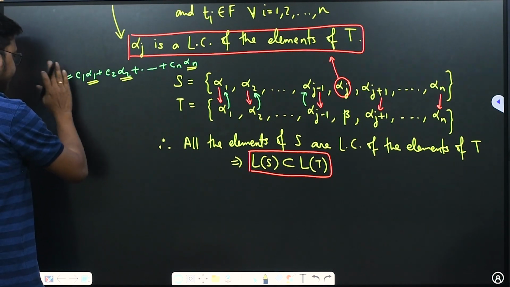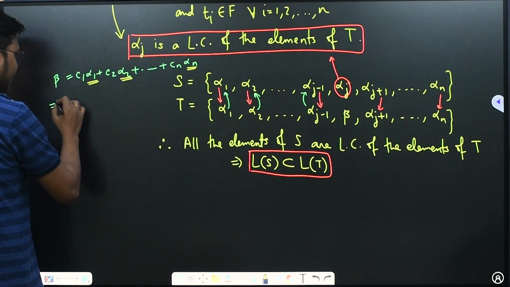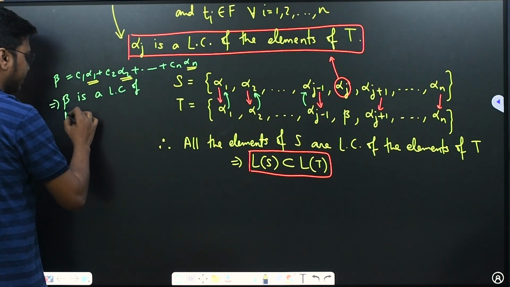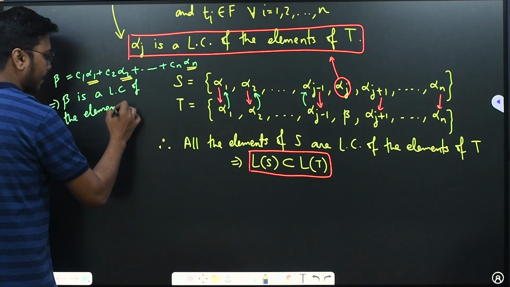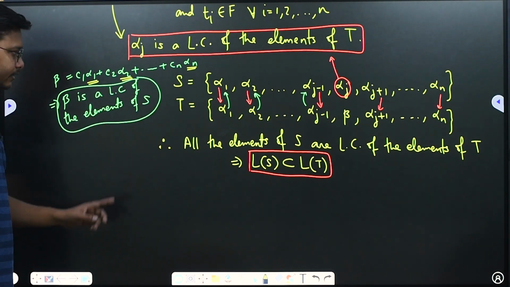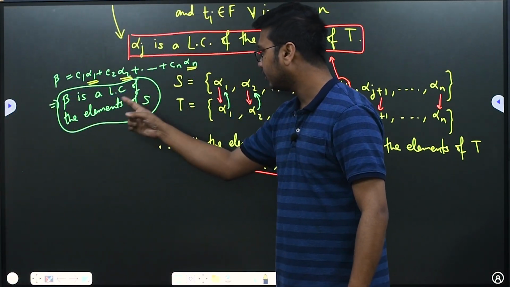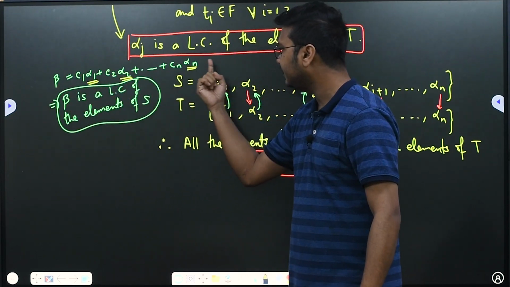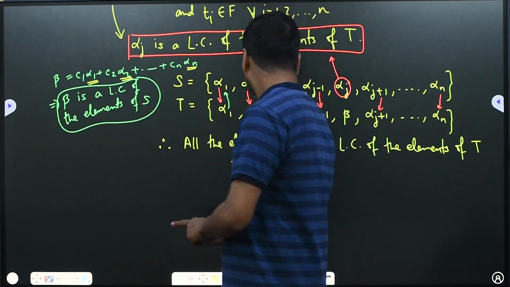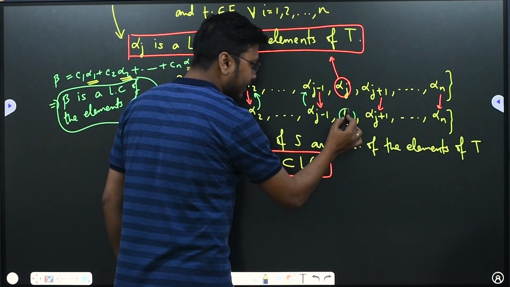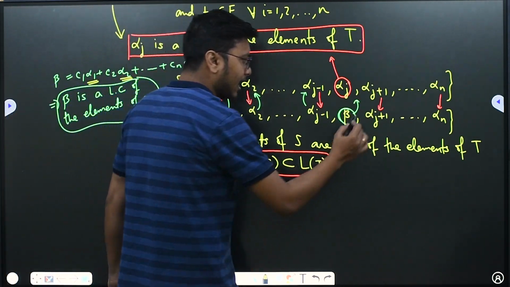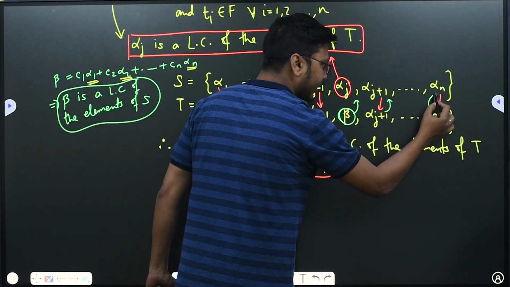So I can say that beta is a linear combination of the elements of S, because beta was given in the format of a linear combination of the elements of S. Then again alpha j plus 1 is present over there and alpha n is present on the top.